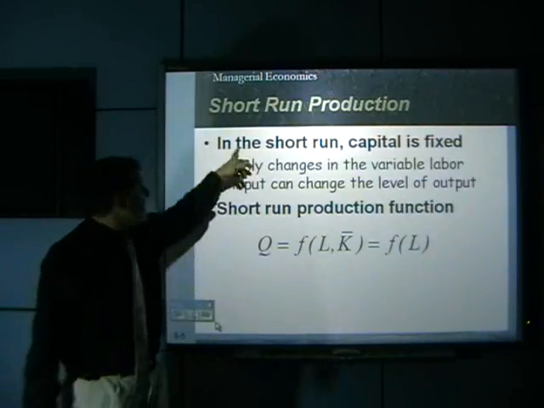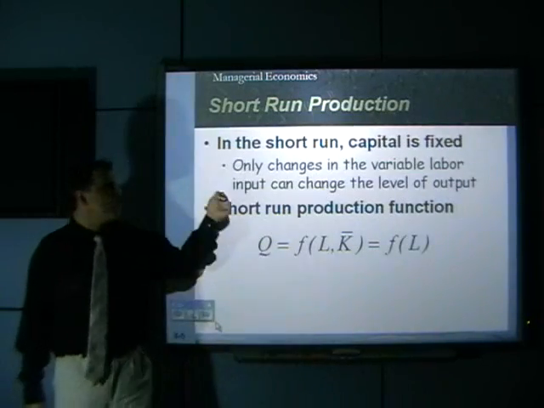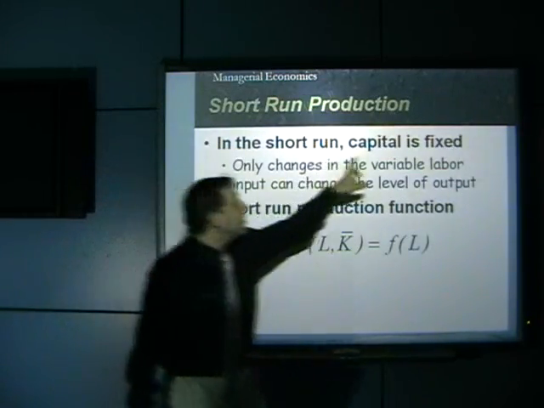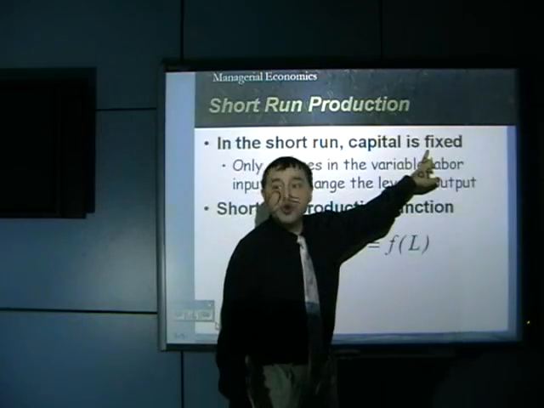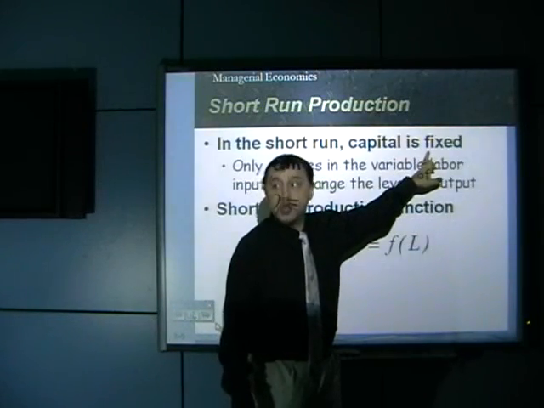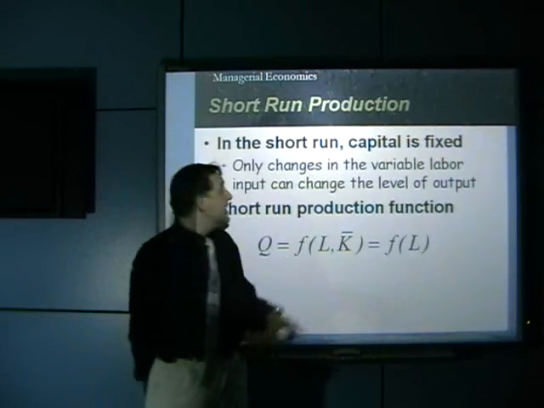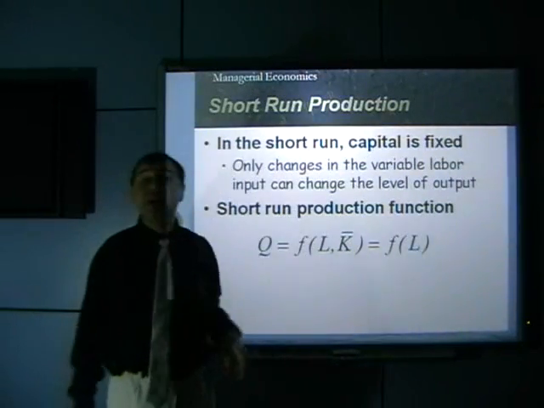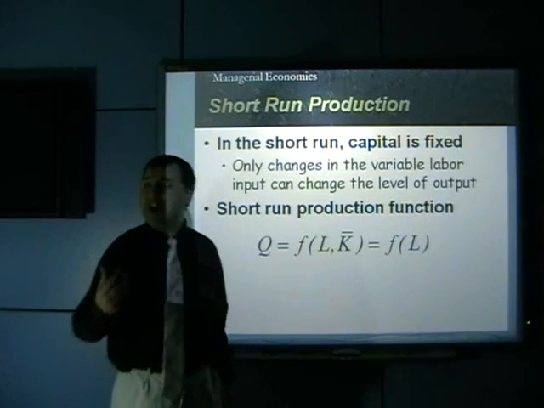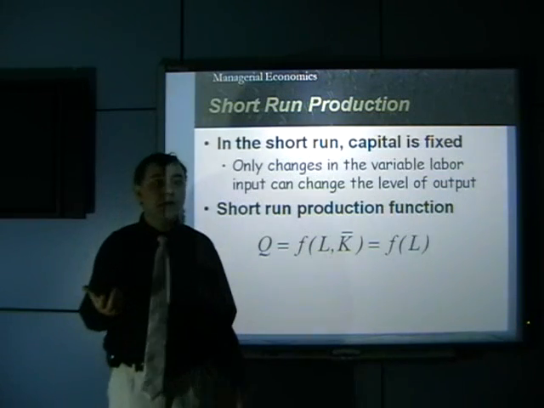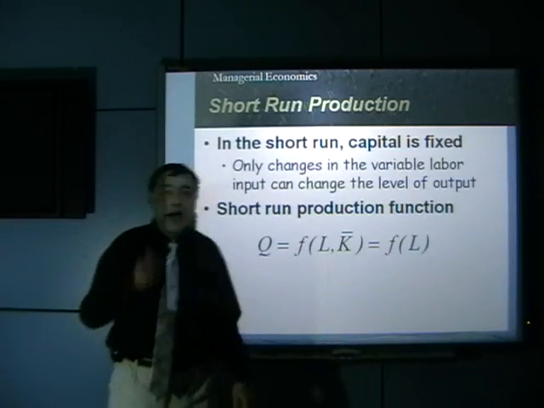Alright, as I explained, in the short run, typically capital is assumed to be fixed. Assumed doesn't mean it is fixed. In economics, we assume. Sometimes in the short run, labor will be fixed. How could that be? Labor contracts.